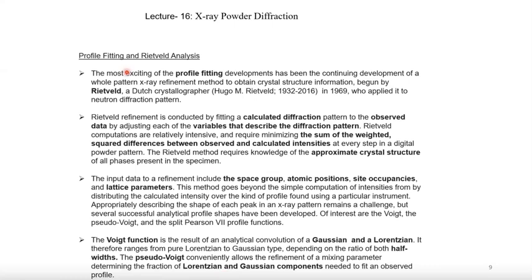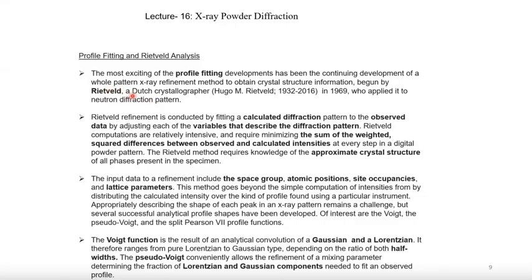Okay. Profile fitting and Rietveld analysis. That is a very important analysis we do. Hugo M. Rietveld, in 1969, applied this analysis for neutron diffraction patterns. So you can see that we can also have neutron diffraction patterns and analyze the structure.